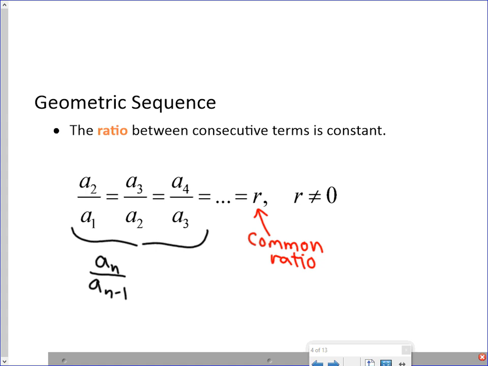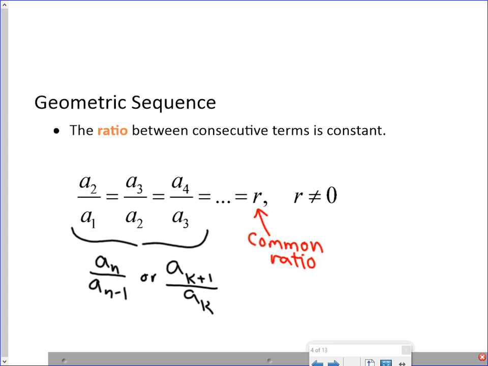So we could also write that as a sub k plus 1 divided by a sub k. That's just saying a term divided by the term before it. Those things mean the same thing. k and k plus 1 are consecutive terms, or n and n minus 1. So if you are having any trouble with those subscript notations, let me know.